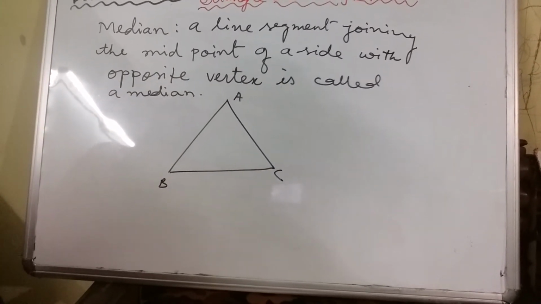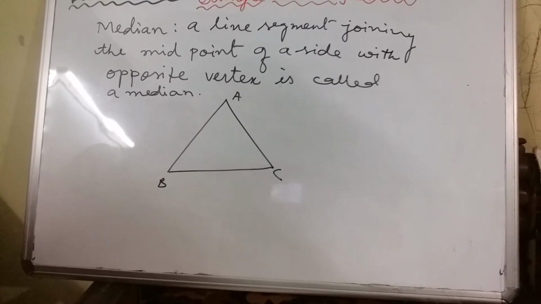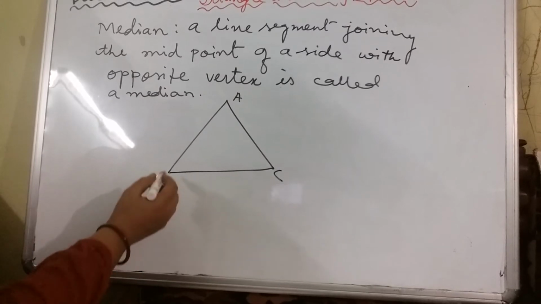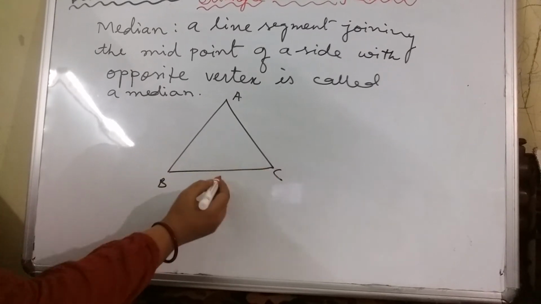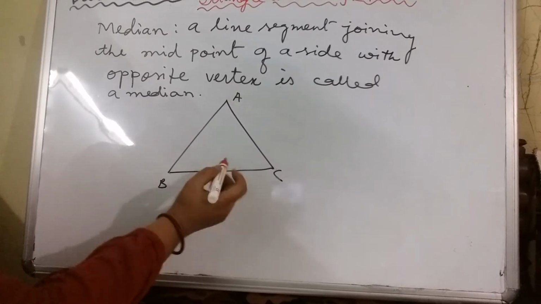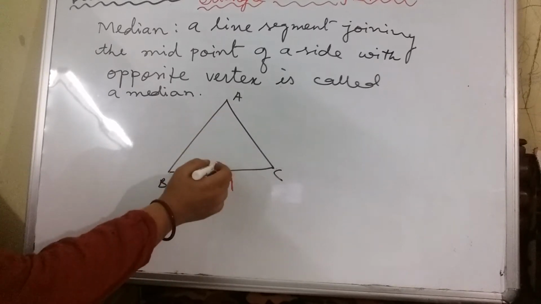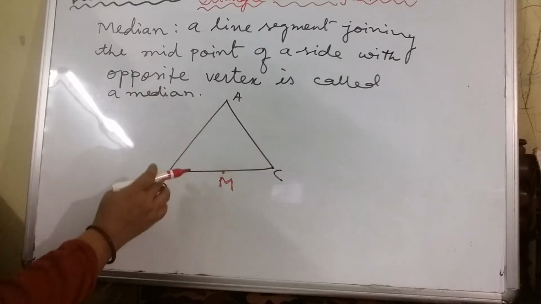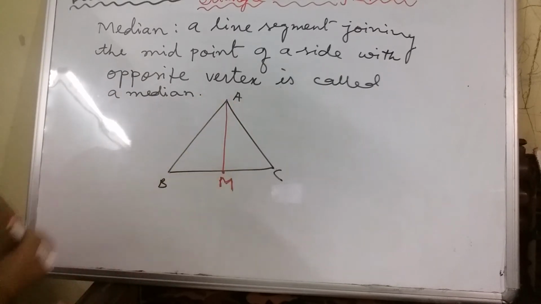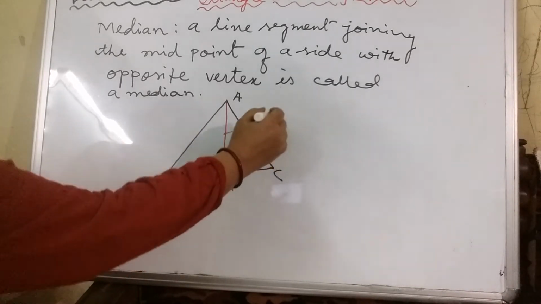A median is a line segment joining the midpoint of a side with the opposite vertex. That means the midpoint of this side, say this is M, and the line segment that joins it to the opposite vertex A. That line segment joining A and M will be its median.